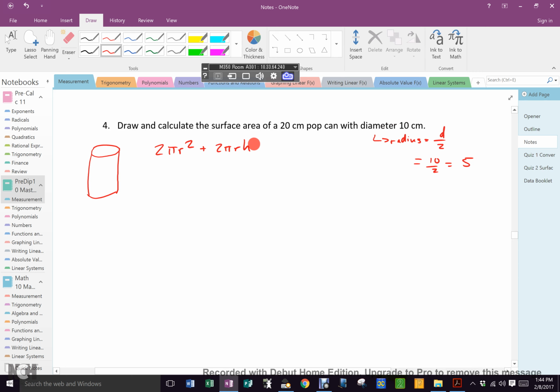What is it? 20. So now I can just go to my formula and fill it in. 2 pi 5 squared plus 2 pi, what's r? What's h? 20. Are we going to do anything with those pies? No. What's 5 squared? Times 2? 50 pi. Everybody okay there?